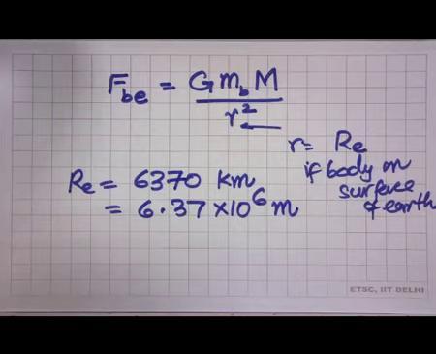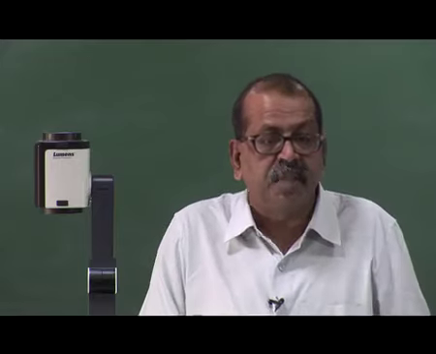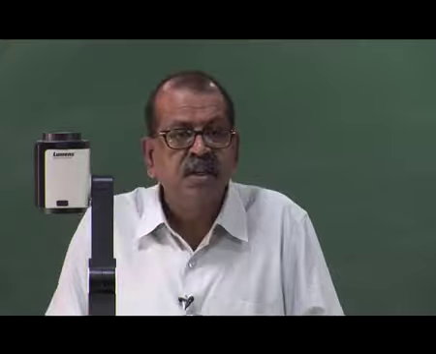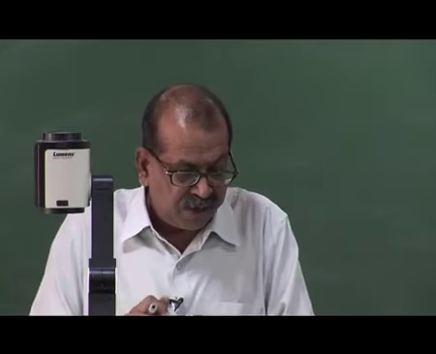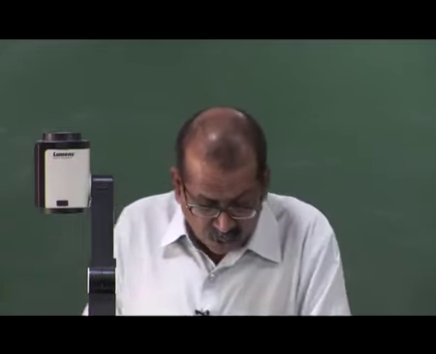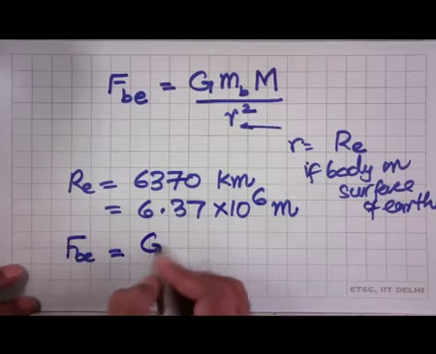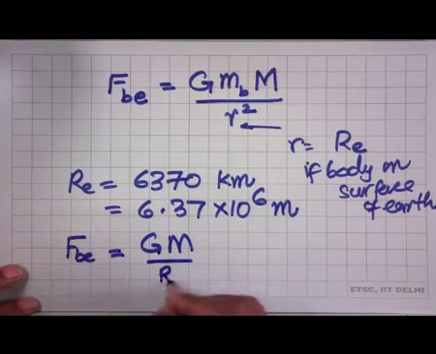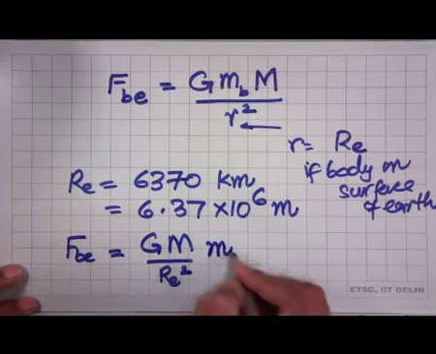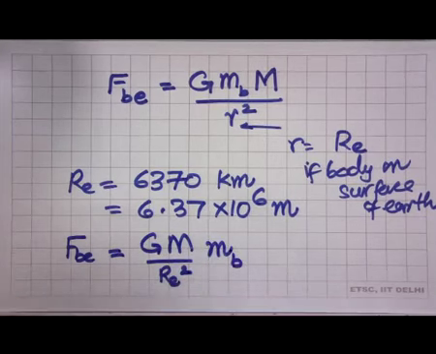So even if the body is 1 meter or 2 meters above the surface of the earth, we can safely assume r to be the radius of the earth. Now what we get is F on B due to E equal to GM over Re square times the mass of the body B.